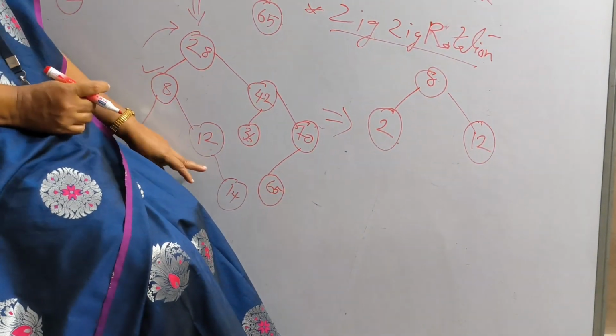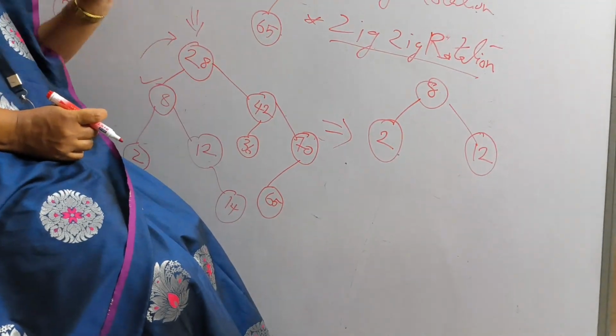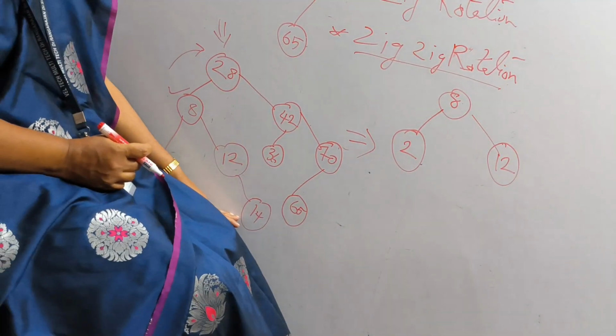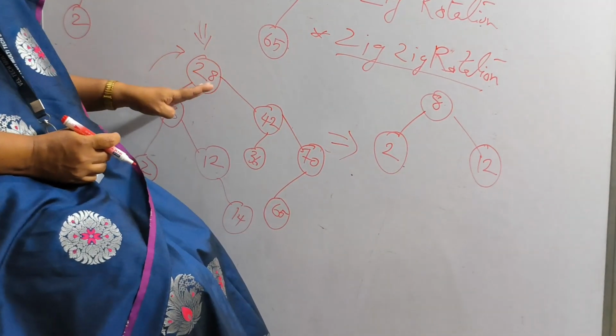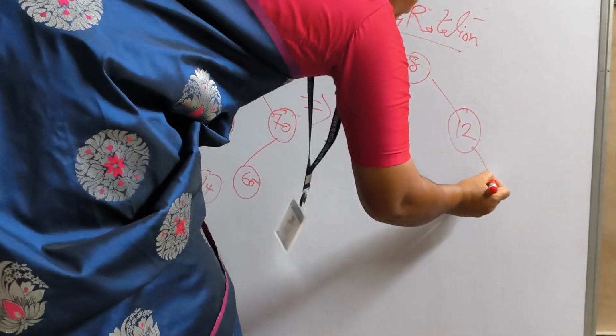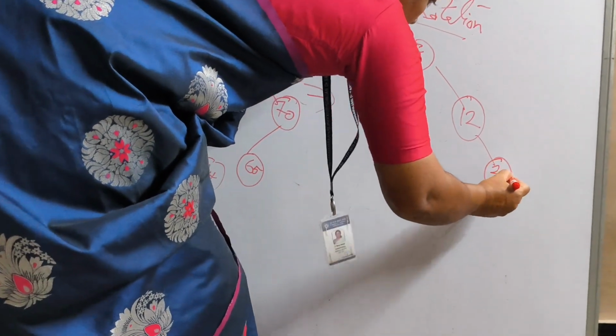And 14, where will the 14 go? When we go for a left-right rotation or right-left rotation, this will get the position of this node's left position. So you will have again 28.